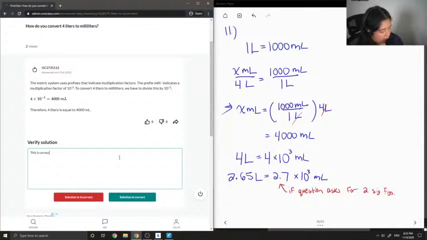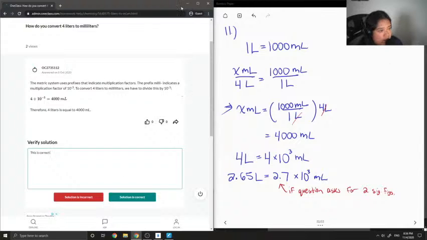So there are different ways of handling conversion factor questions. In this method, they know that the prefix milli indicates a multiplication factor of 10 to the negative 3 if you were to compare it to liters. So that's why they divided by this number.